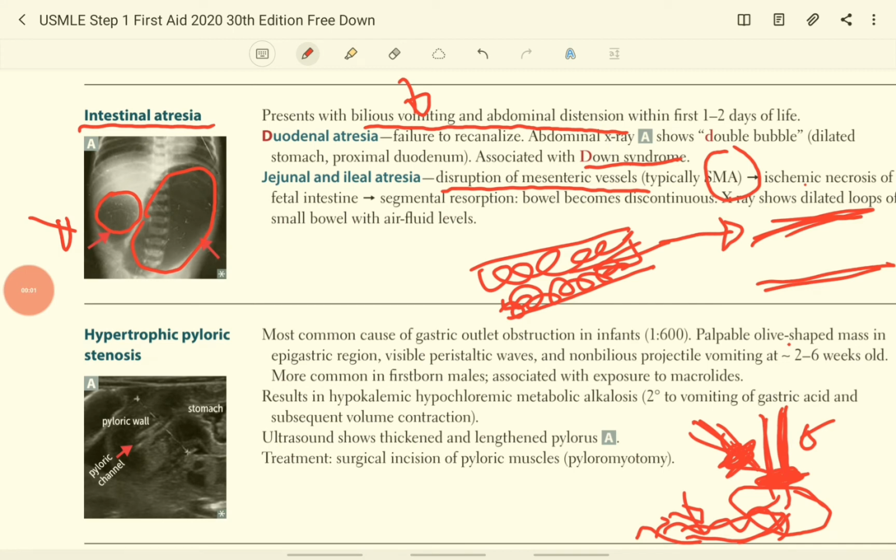A patient with jejunal and ileal atresia will have more air-fluid level in the stomach and the proximal part of the duodenum. So the air-fluid level will be high in this patient.